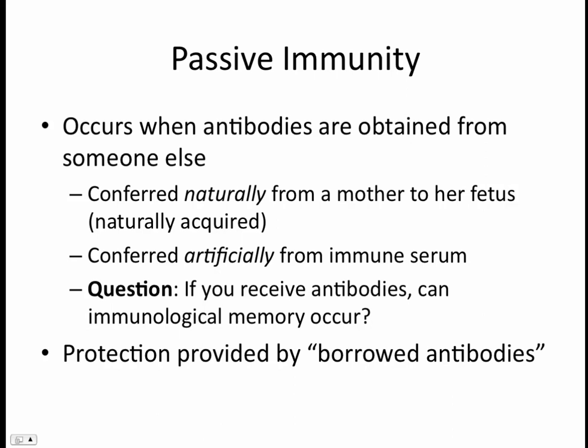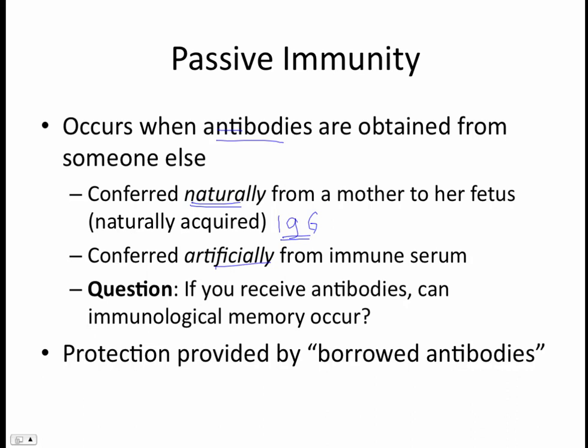Okay, so you can also get these antibodies in two other ways. You can get it naturally, and the only other way naturally to get it is from mother to fetus. And we'll see eventually that the specific antibody for this is IgG. And you can also get it artificially from another person's or animal's immune system.